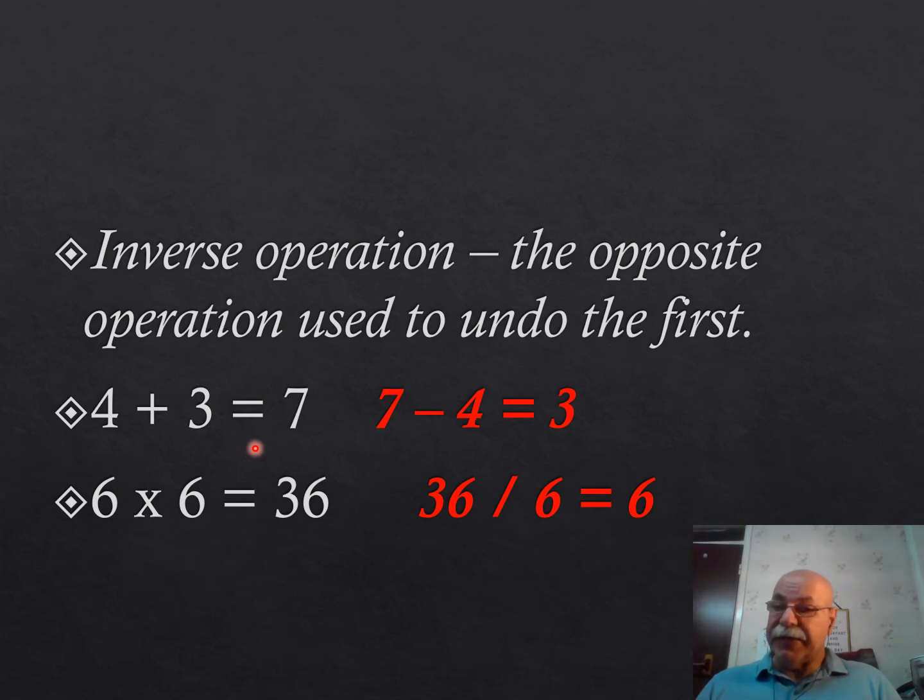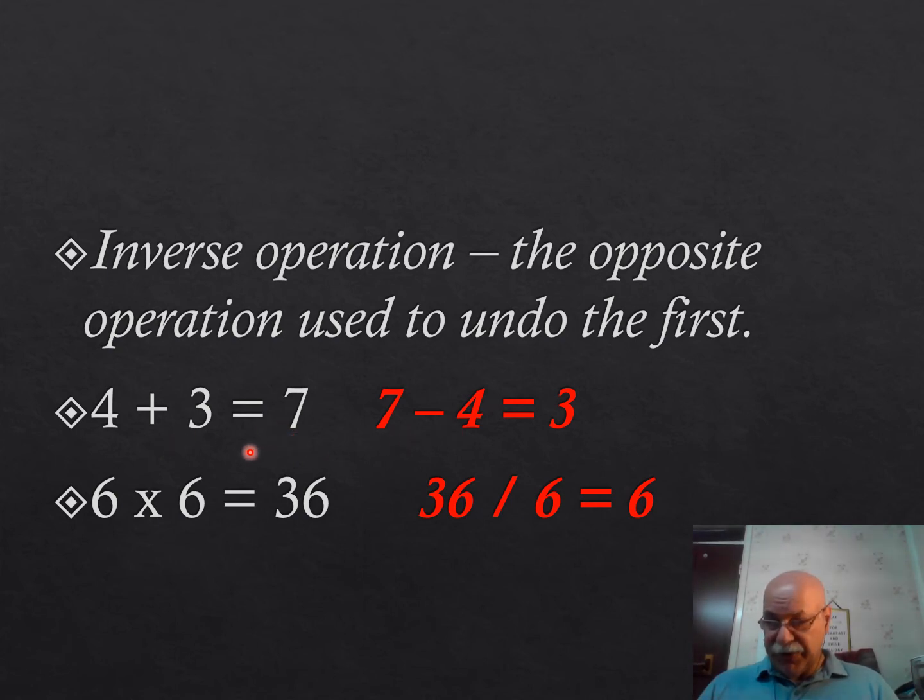When we take the 4 to the other side, the plus changes to minus, and it becomes 7 minus 4 equals 3.